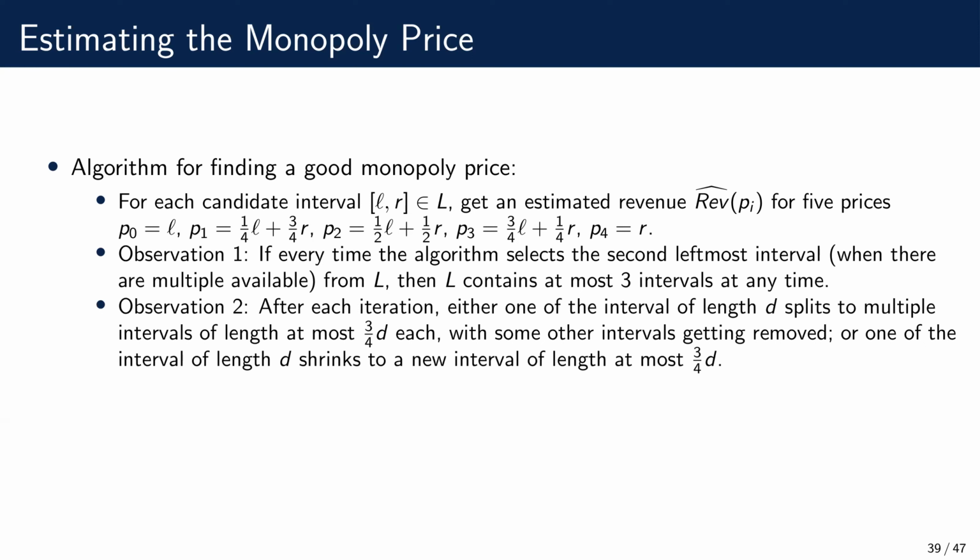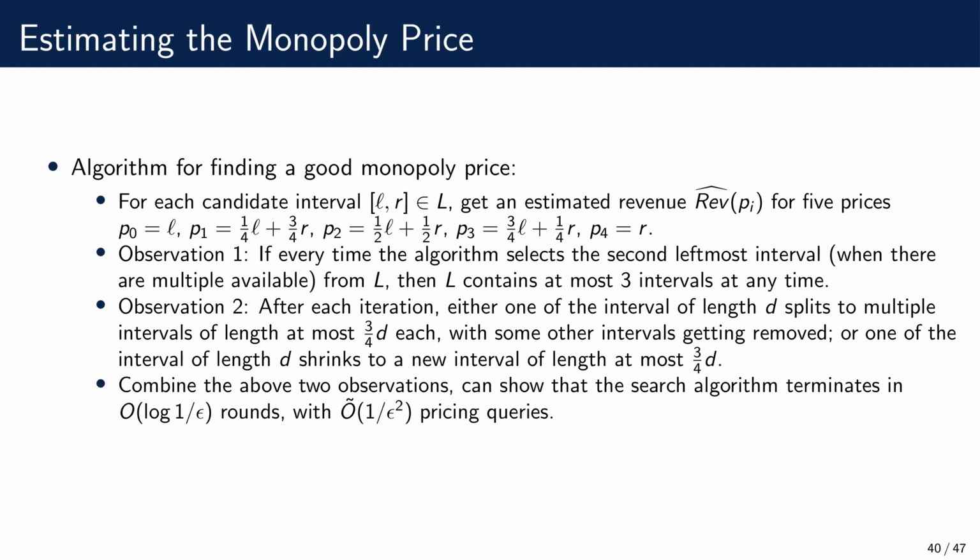The second observation is that after each iteration, either one of the intervals of length d splits into multiple intervals of length at most 3/4 of the original interval, or some other intervals get removed, or one of the intervals of length d shrinks to a new interval of length at most 3/4.